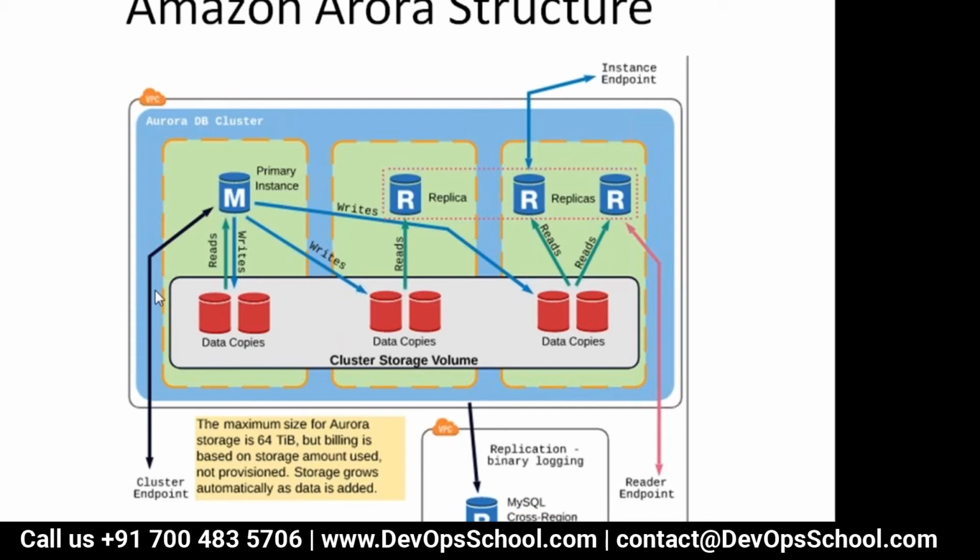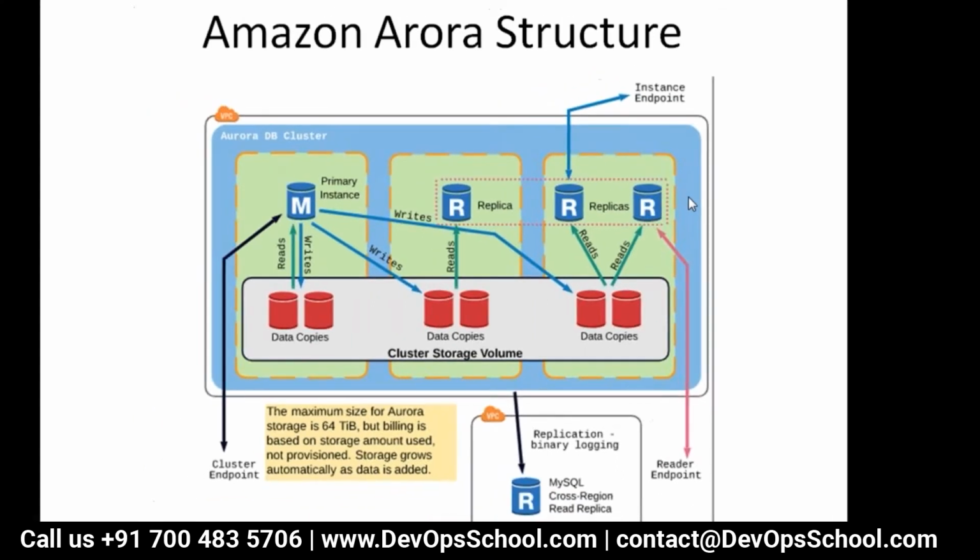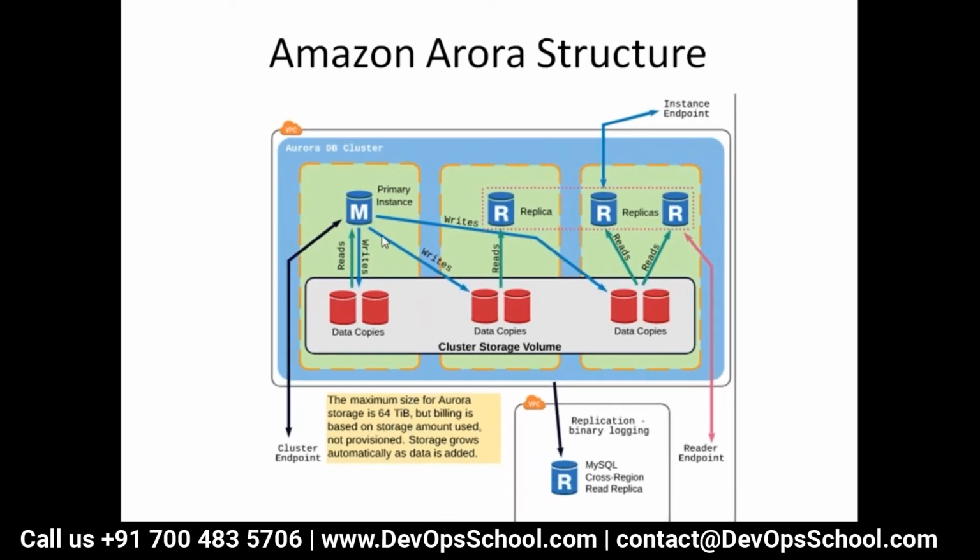These are the different availability zones, and in the backend, Aurora will create a database cluster, and one will be primary. This will be primary, and these will be the read replicas. You can go up to 64 terabytes currently as the size. This is called an Aurora cluster.